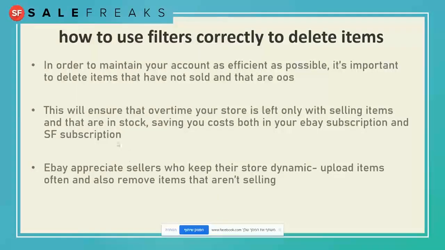So let's say, just throwing out of my head here, that you have two stores and each has 250 items. And you're on the smallest non-API subscription, which is 500 items.